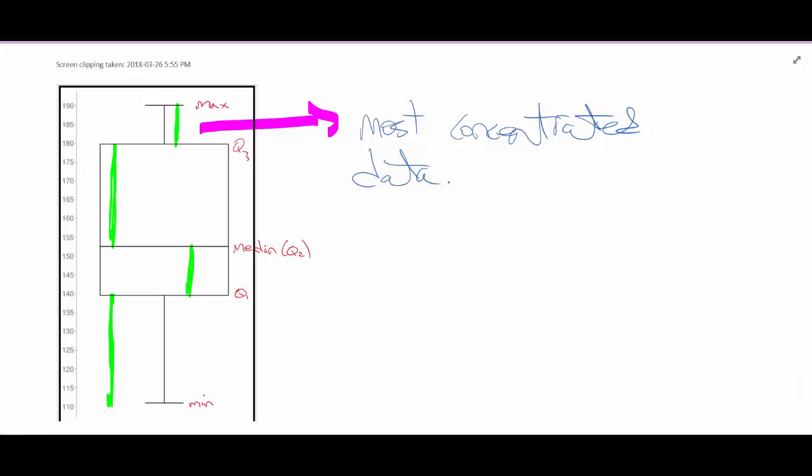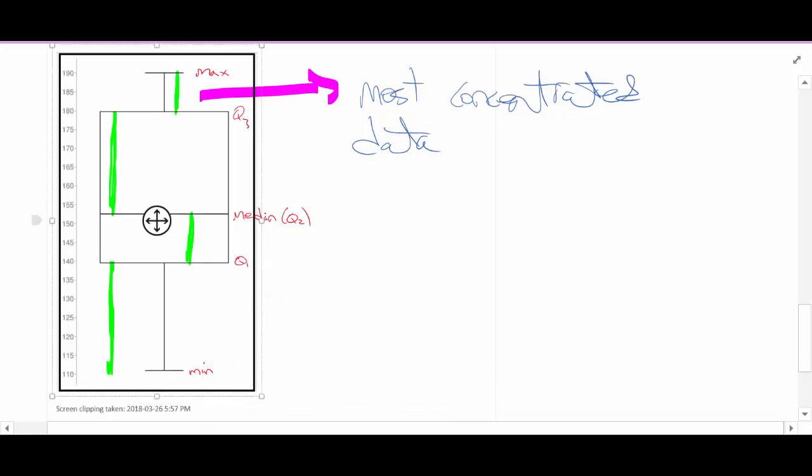So once again, between the minimum and Q1, that's 25% of the data. Between Q1 and the median, that's another 25% of the data. Between the median and Q3, that's another 25% of the data. And between Q3 and the maximum is the final 25% of the data.